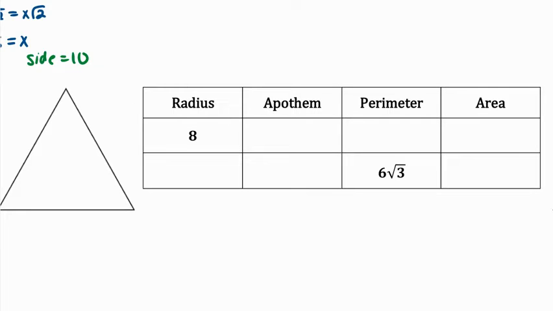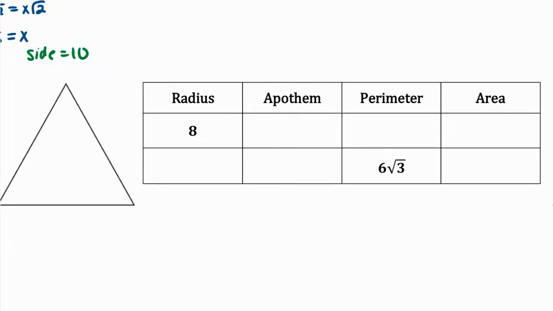While I'm waiting for this to come back on, draw a radius and an apothem in your triangle. See if you can put them in the right place. Radius goes from the center to a vertex. Apothem goes from the center perpendicular to a side. There it goes. Came back. Easy? Thanks, Jack. It is easy.